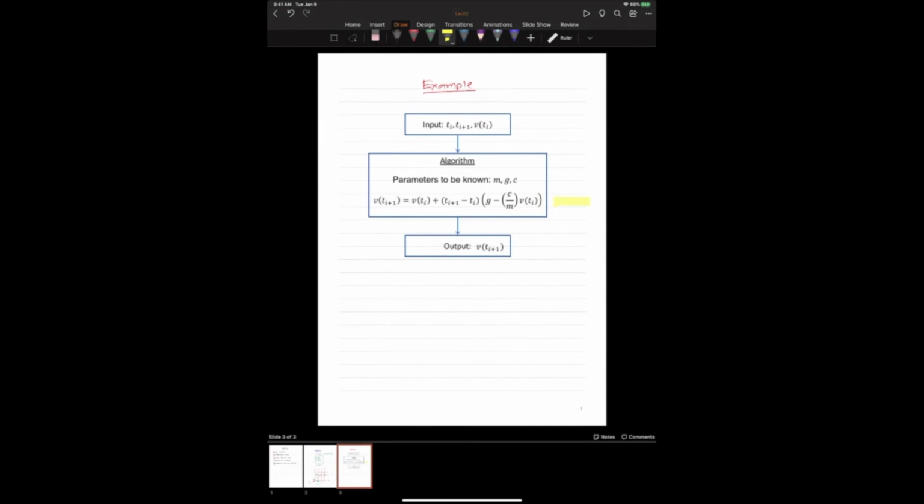V(t_{i+1}), the velocity at time t_{i+1}, is V(t_i), the velocity at time t_i, plus the difference between the times, times g minus c over m times V(t_i), where c is a drag constant, m is the mass, and g is the gravitational acceleration.